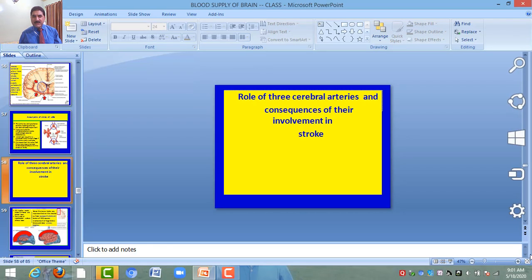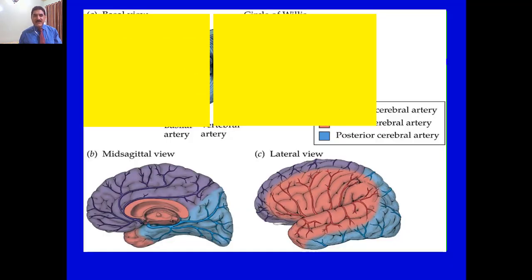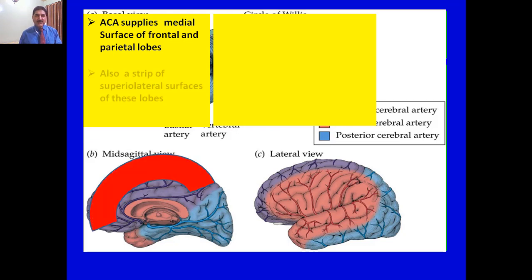What is the role of 3 cerebral arteries, that is anterior, middle, and posterior cerebral arteries, and consequences of their involvement in cerebral stroke? In other words, what are the areas supplied by these cerebral arteries? Anterior cerebral artery supplies medial surface of the frontal and parietal lobes.